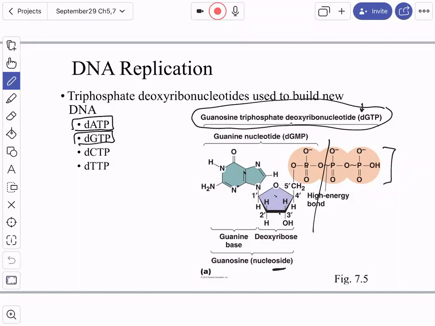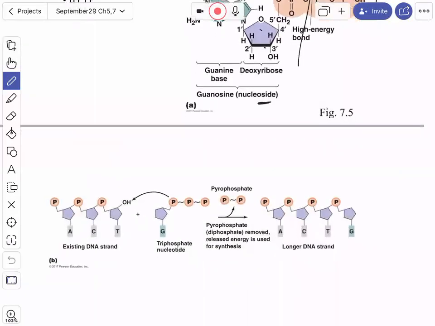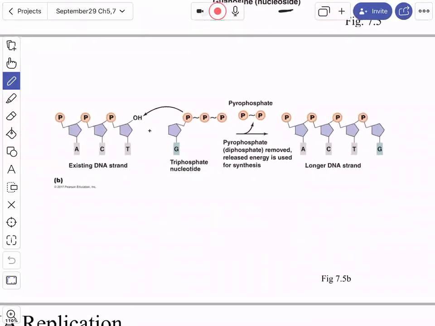Okay, so we would have adenosine triphosphate deoxyribonucleotide, or cytosine, it's cytidine, I think is the way they say it, triphosphate nucleotide, or thymidine triphosphate deoxyribonucleotide. Okay, so they carry with them those monomers the energy in order to make the polymerization reaction.